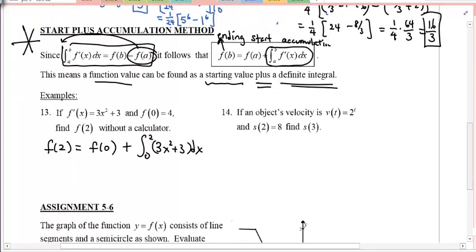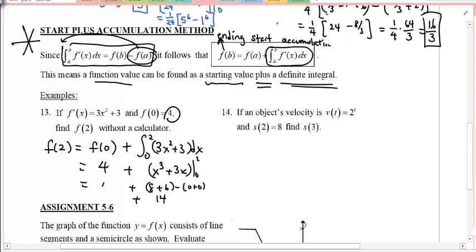So just go ahead and do the antiderivative. This will be x cubed plus 3x. Evaluate this from 0 to 2. 8 plus 6 minus 0 plus 0. That's just 14. And then just add this to your original y value, which is 4. And look what you've got. Your answer is 18. Okay?